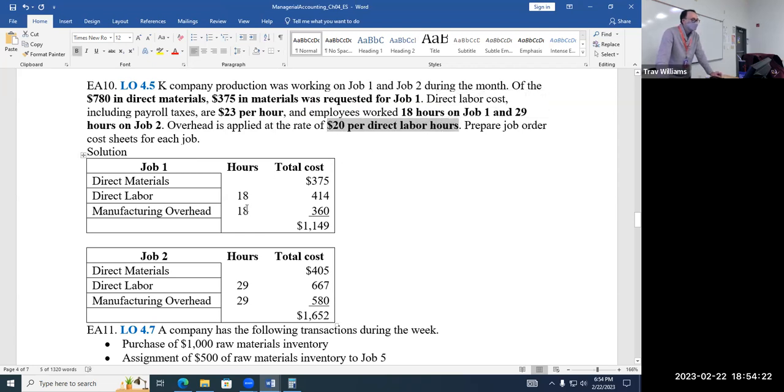So for job 1, they're taking the 18 direct labor hours times the $20 overhead allocation rate to get their overhead cost. Make sense? Down here, we've got 29 direct labor hours times the $20 overhead allocation rate, again, to get our overhead cost. So how would we label the bottom line? Total cost, okay.